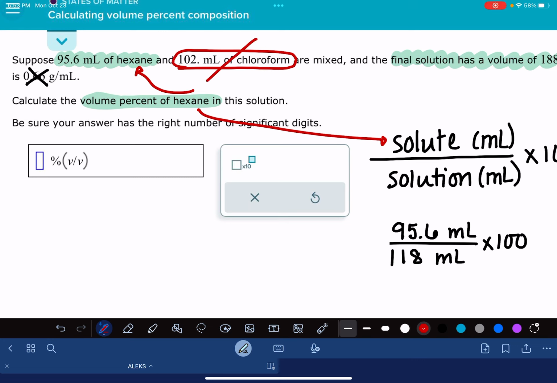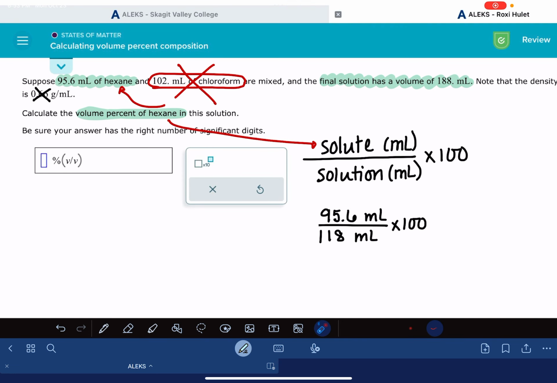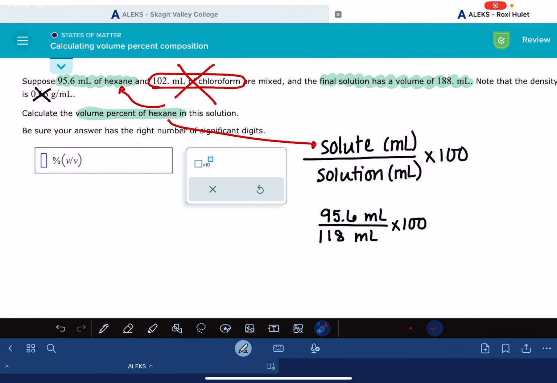And that also is irrelevant information. You're not going to use that. So don't be tempted to add these two together to come up with the total volume of the solution. You're going to use what ALEKS specifically says is the final volume of the solution. So again, like I said, that extra information can be really difficult to know what to do with.